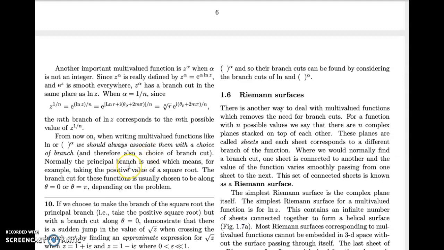Normally we use the principal branch, which basically means taking the positive value of the square root. And the branch cut for these functions is normally chosen to be either along the positive real axis, theta equals 0, or the negative real axis, theta equals pi, depending on the problem.